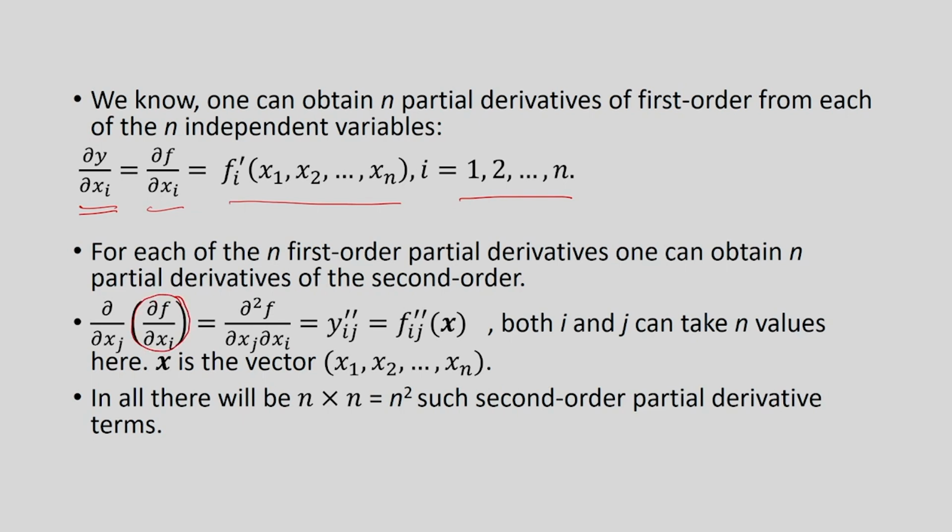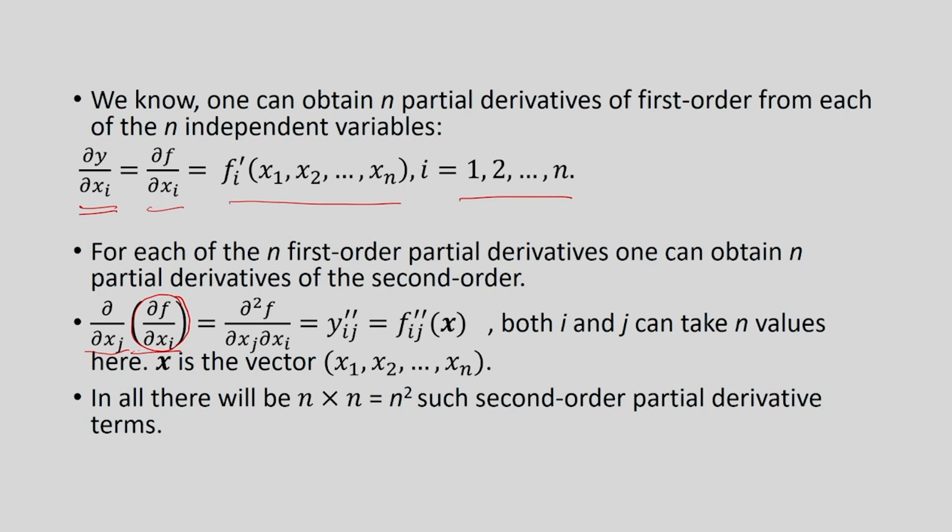So, you have differentiated partially this function with respect to xi, and this thing ∂f/∂xi could be differentiated with respect to each of the independent variables, and let us assume that xj is that arbitrary independent variable. So, the expression that you are going to get is going to look like this: ∂/∂xj of ∂f/∂xi, right.